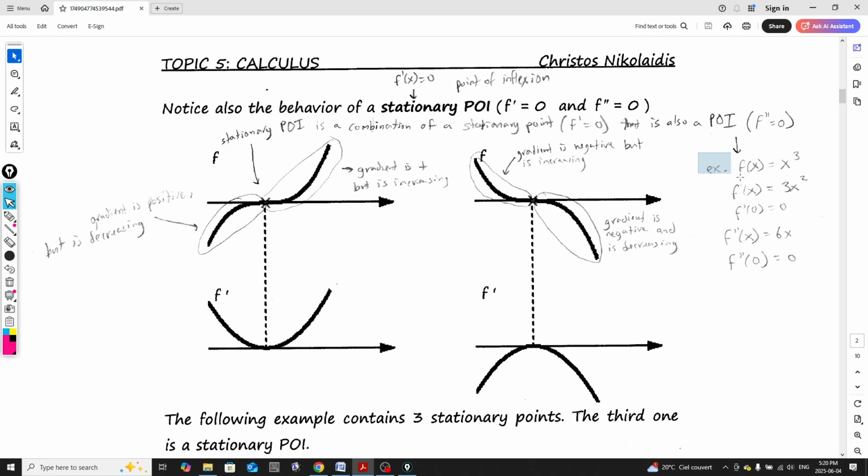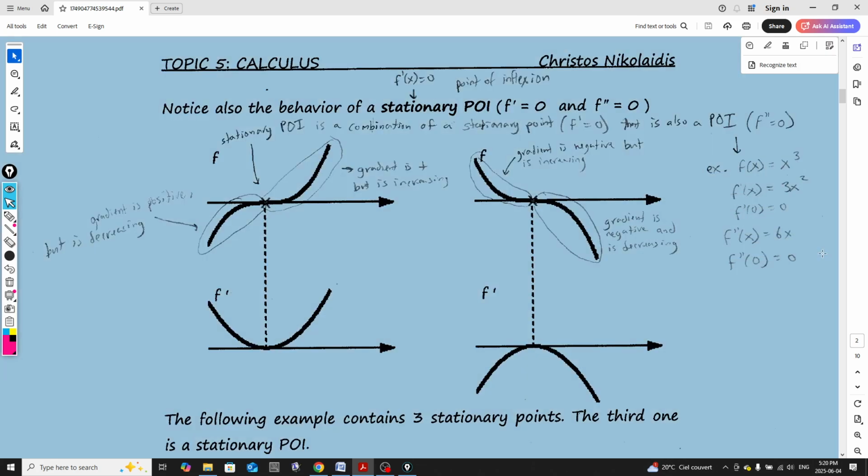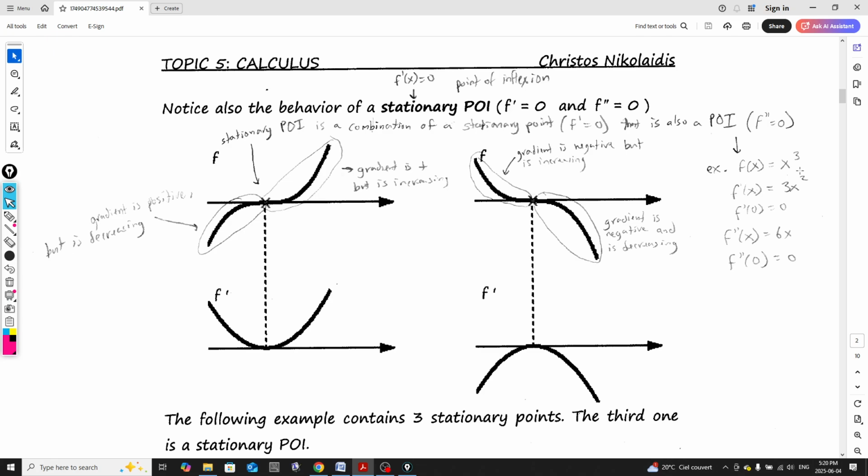I already showed you guys this example last class, in the previous lesson, and I showed you that a stationary point of inflection looks like this. The most basic way to get this is through the graph of f of x equals x cubed. If I differentiate this, I get 3x squared. f prime equals 0 in 3x squared when x equals 0.